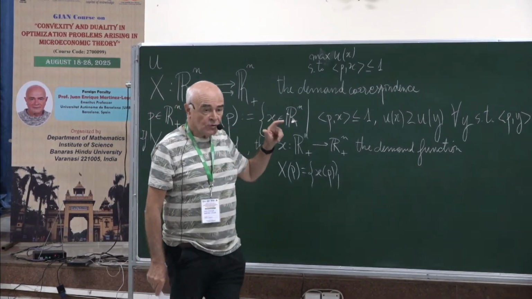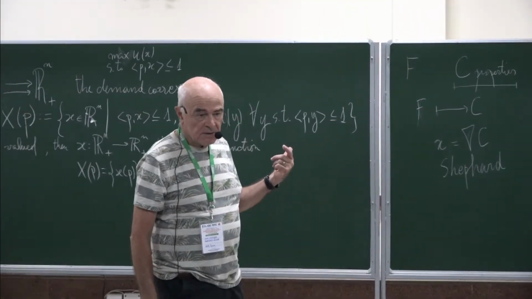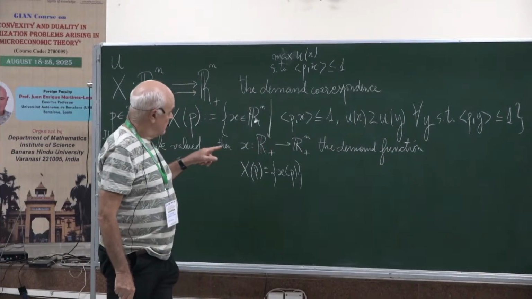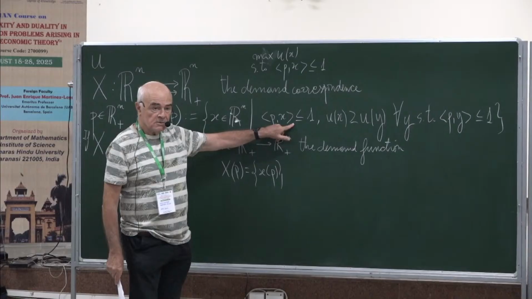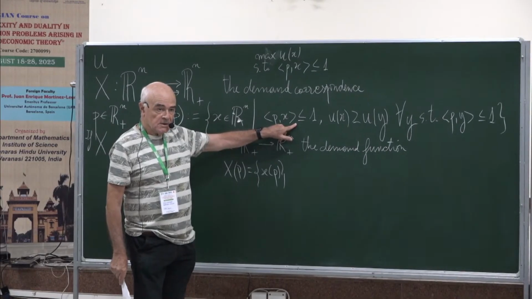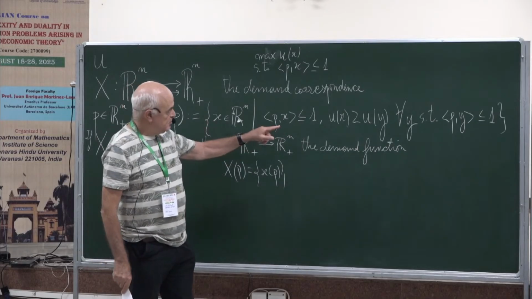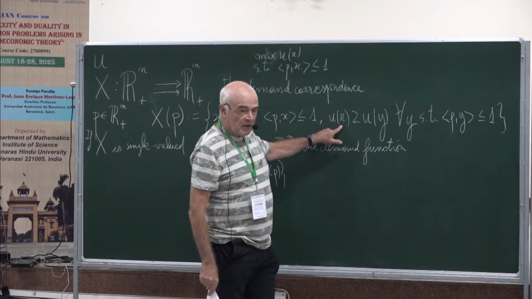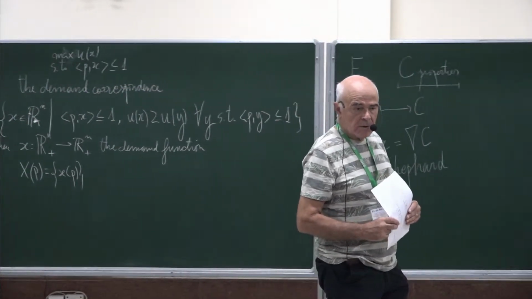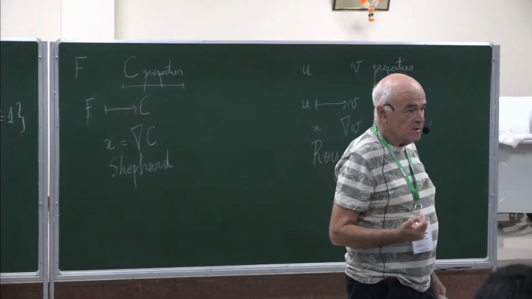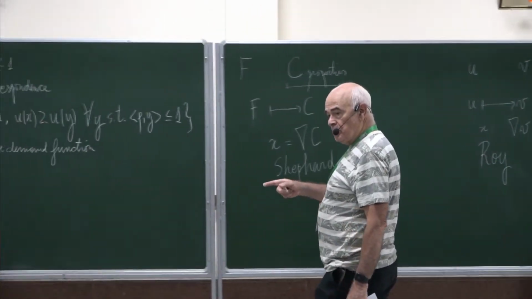The set of consumption goods that you demand under these prices. The set of commodity bundles that you can afford under these prices, and they are the best for you because you prefer them to any other which is also affordable. So this is the solution set or the solution mapping of this parametric optimization problem.